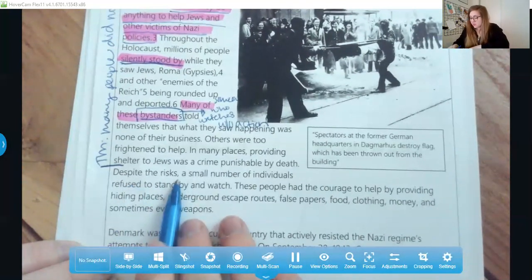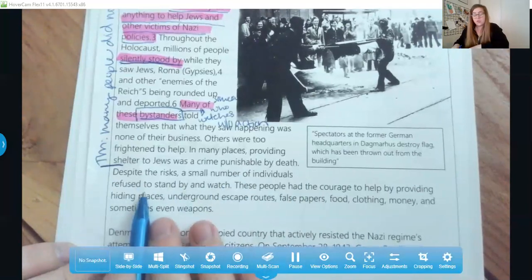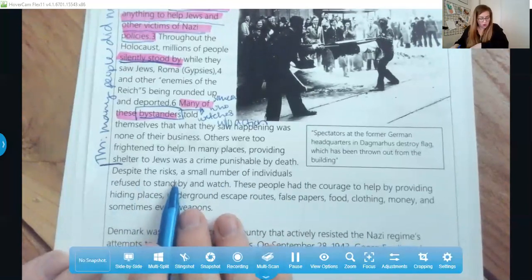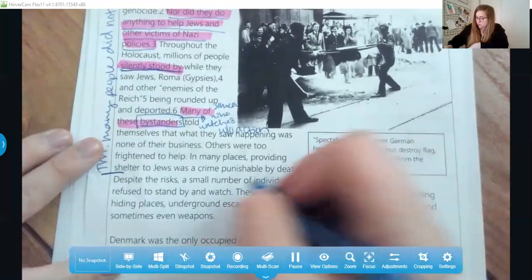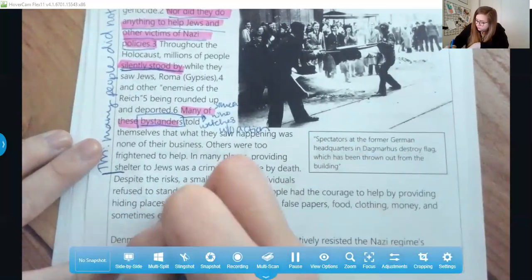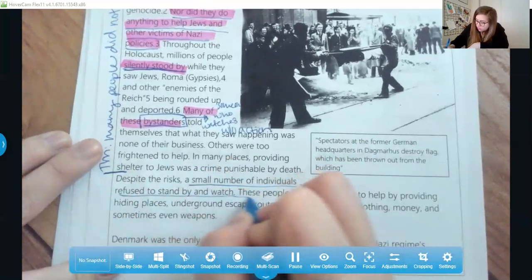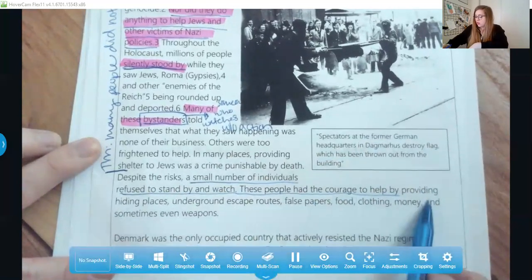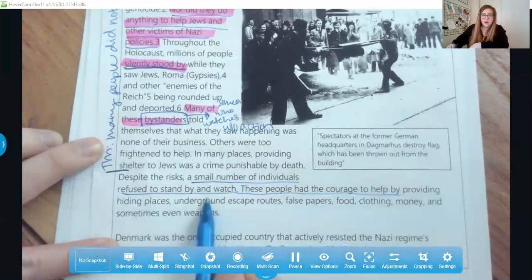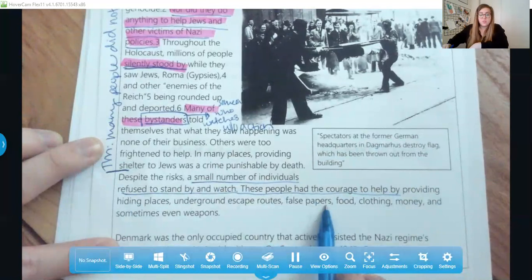Despite the risks, a small number of individuals refused to stand by and watch. These people had the courage to help. So I'm going to pause right here. A small number of individuals refused to stand by. They had the courage to help by providing hiding places, underground escape routes, false papers.